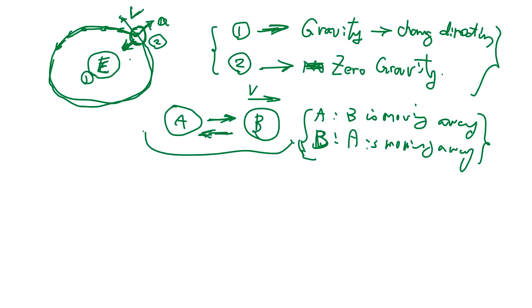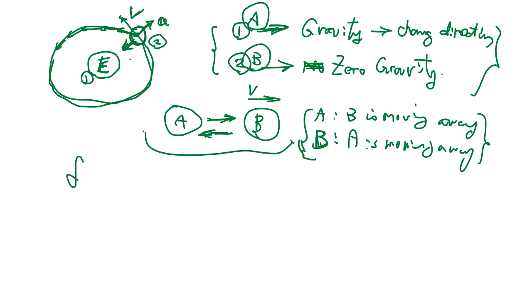But when you have gravity or acceleration, the situation is different. So this is B. B says no gravity, no acceleration. And A says, yeah, there is gravity, and you are moving according to the gravity. Okay, so the gravity things and acceleration things act on the frame.